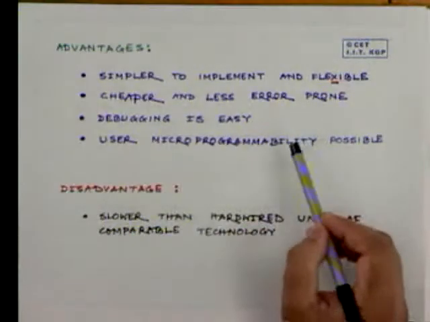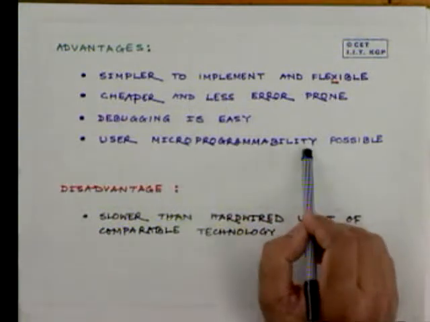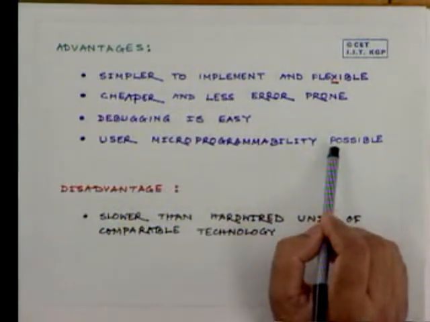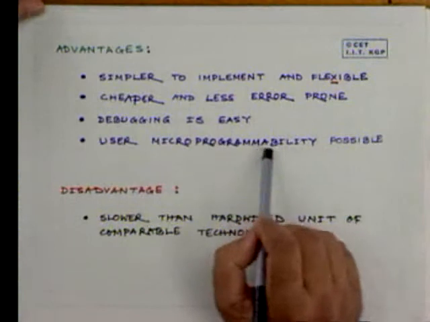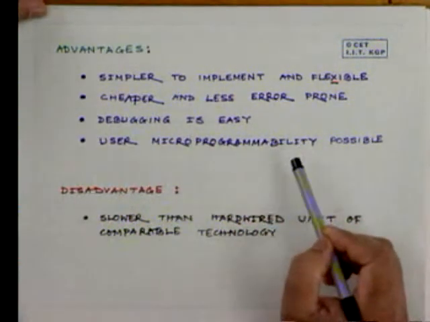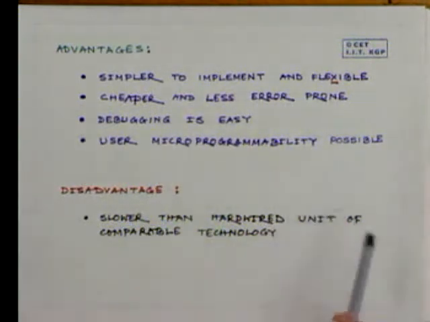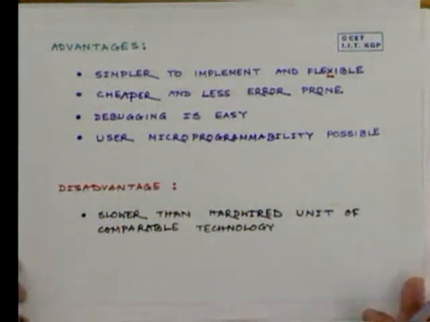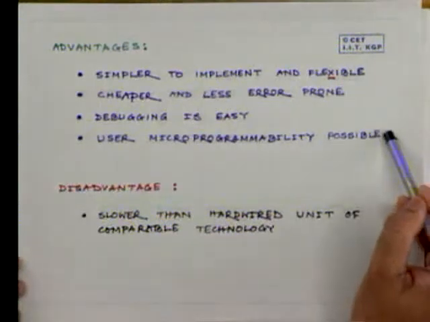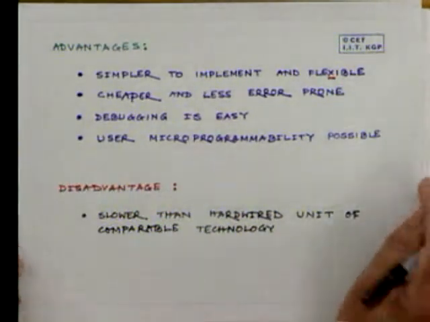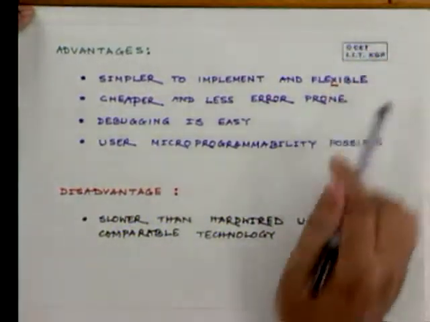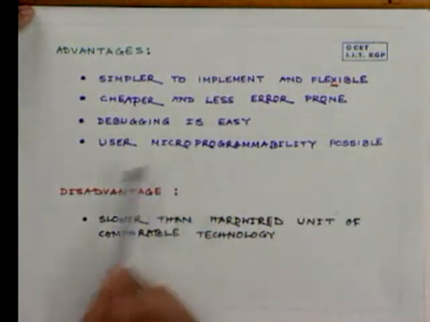Now the thing is that in such a situation, that writable microprogrammable memory tends to make the machine a bit slower, because writable memories are generally a bit slower. But this is a very important feature, sometimes, if you have to have your machines custom tailored.